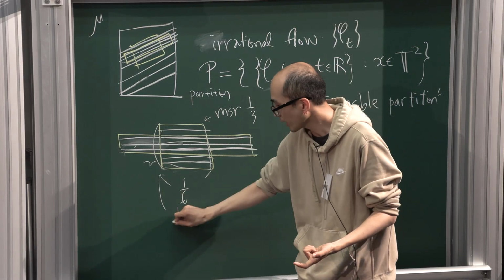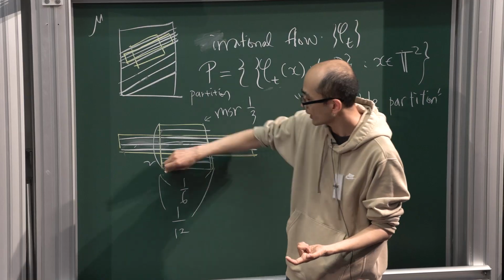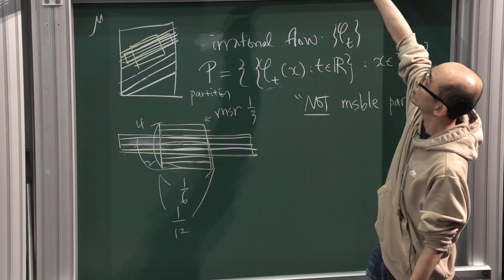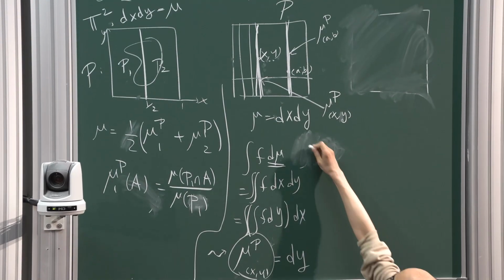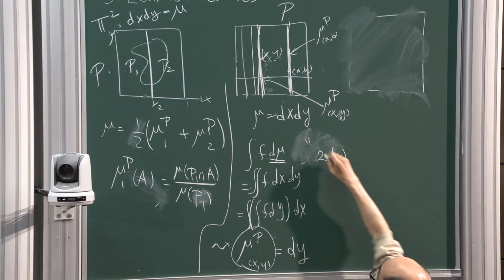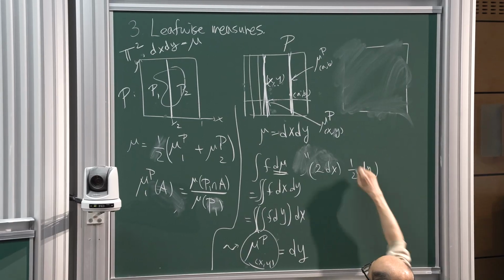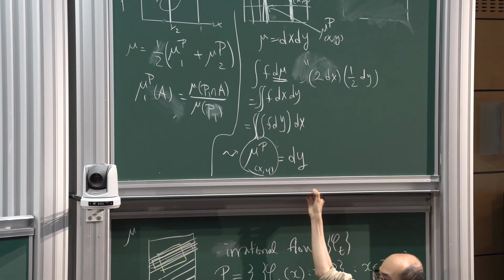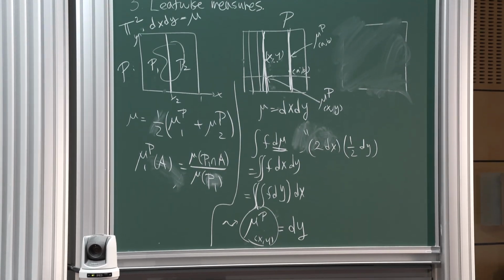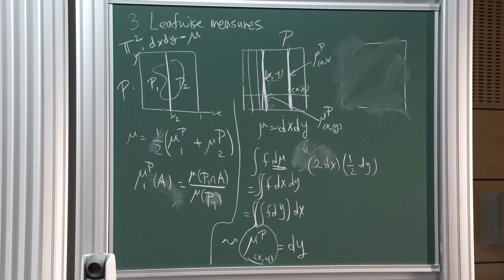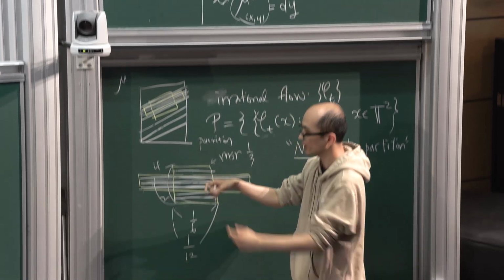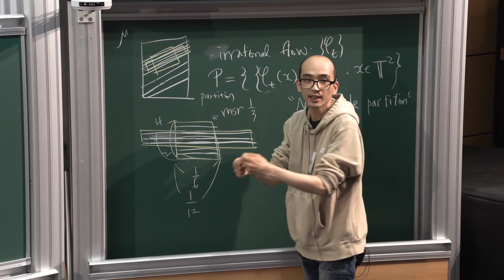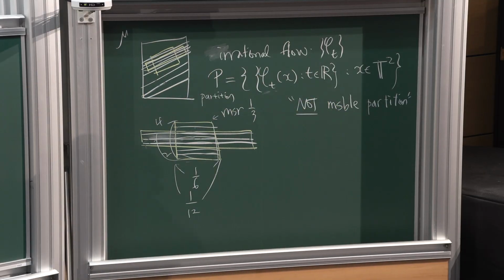And maybe I can get 1/12 here, and then maybe 4 here. So in dx dy, there is another way to disintegrate it. This is 2 times dx times half of dy, right? So there's no canonical normalization. If I do this kind of box and disintegrate here first, then here, and then patch together, I need some normalization condition, and this is the normalization condition.